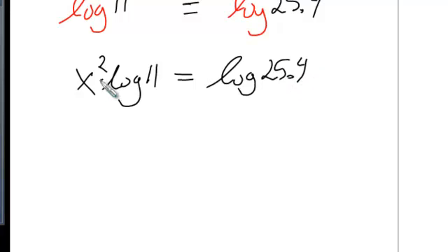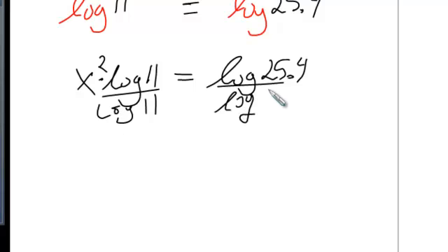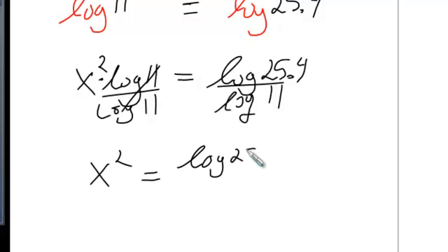And since this is multiplication, we're going to go ahead and divide out common log of 11 to both sides. And of course, anything divided by itself is always 1, so that just leaves you x squared equals the common log of 25.4 divided by the common log of 11.